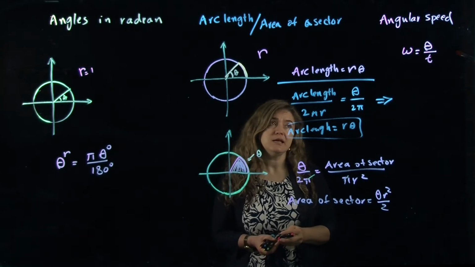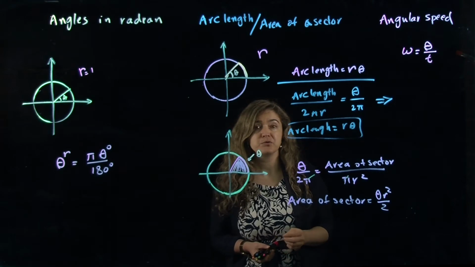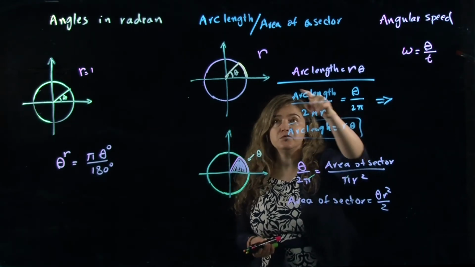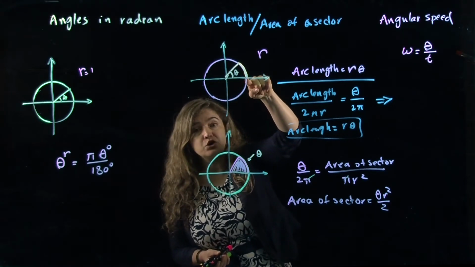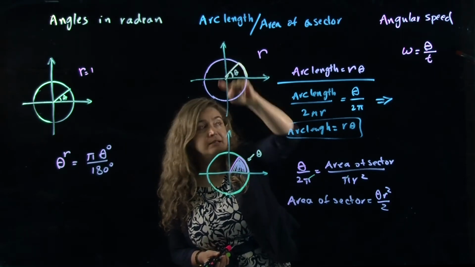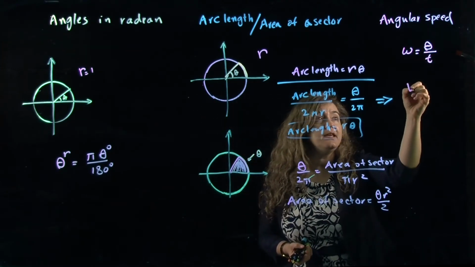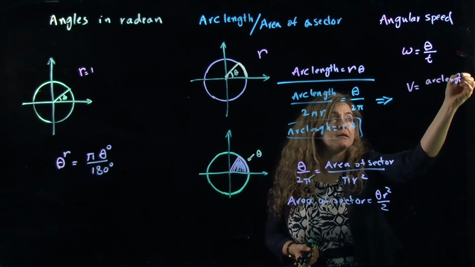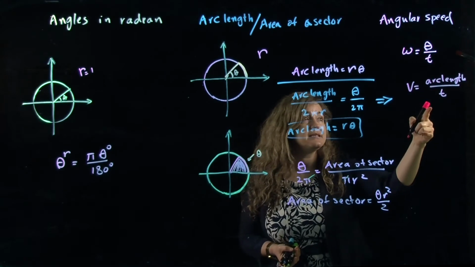The next thing is how can I relate this to the actual speed? Remember, when you're trying to go in a circle, the distance you're traveling is the arc length. So basically, v is equal to the arc length divided by t. That's the average velocity.